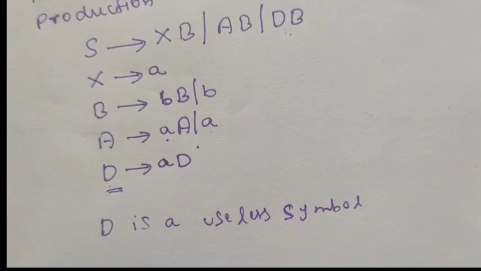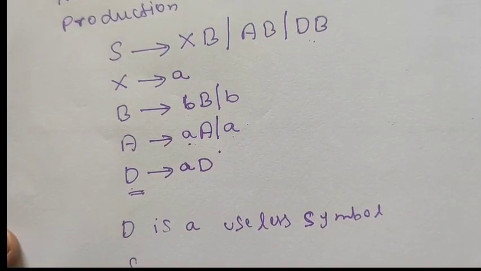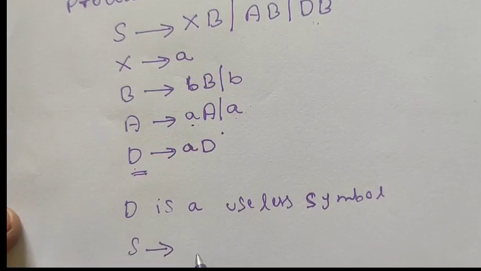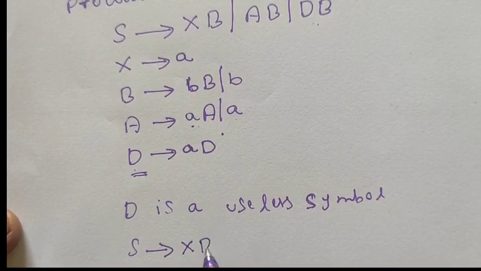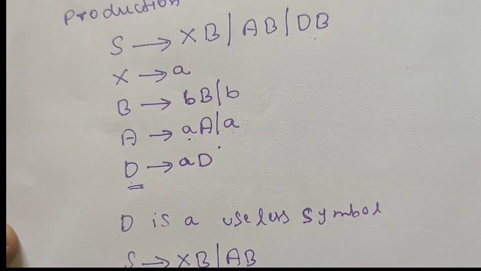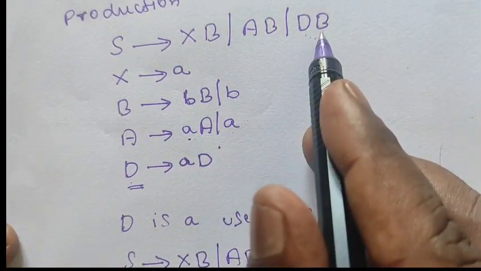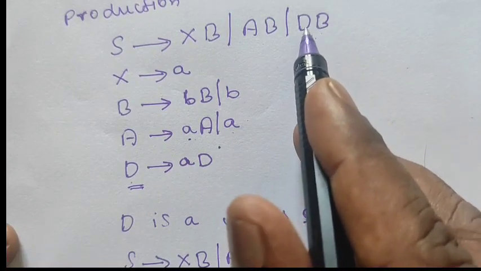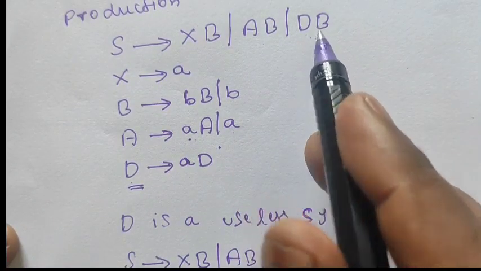So S can be written as XB, because there is nothing wrong in this production. The next we can write as AB, but I cannot write DB here. D is a useless symbol, so any production which consists of D should get eliminated.